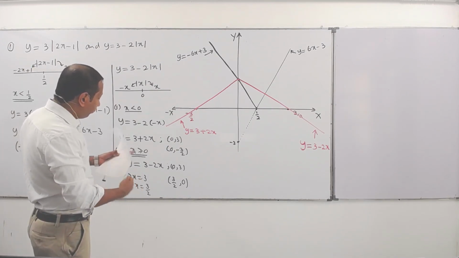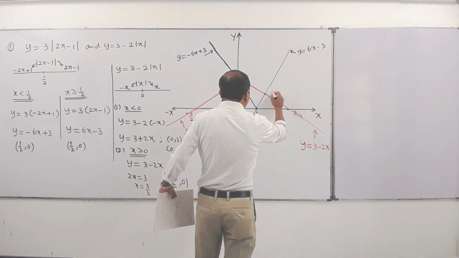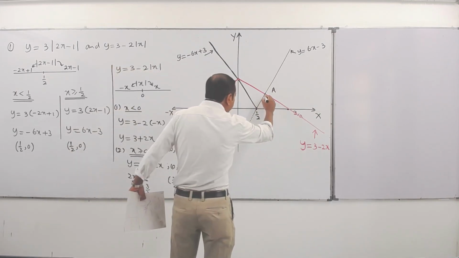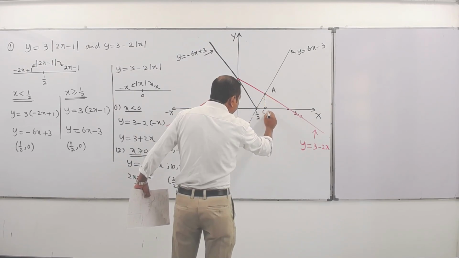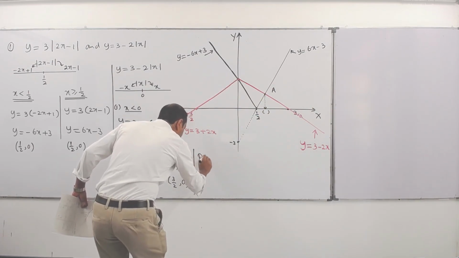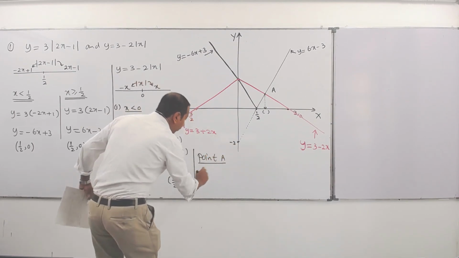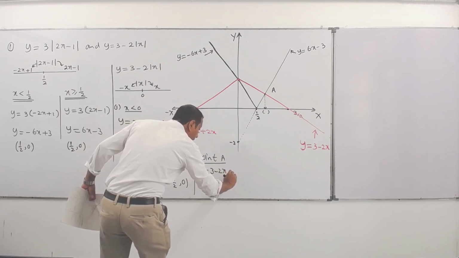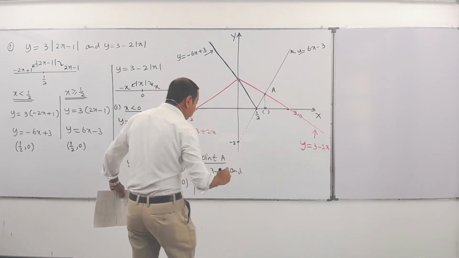Now I'll take this point as A. The x coordinate of point A we can find by solving this equation and this equation, where they intersect: y equals 3 minus 2x and y equals 6x minus 3.